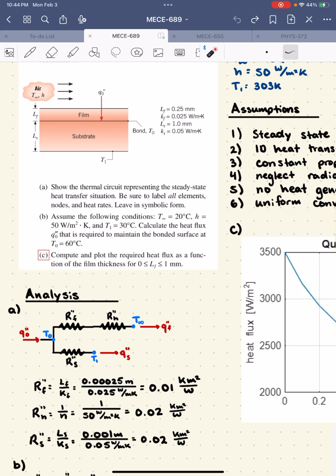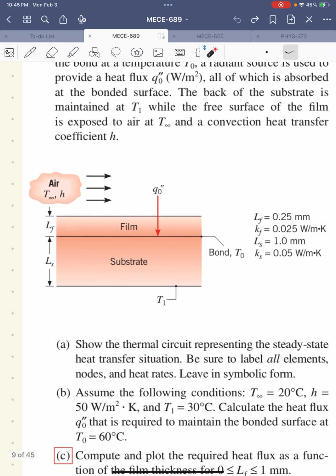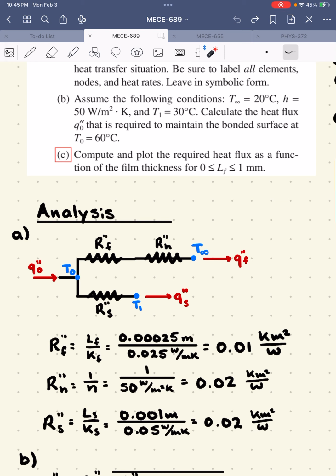So we have R double prime S, which is the resistance of the substrate, to get to T1, with a heat flow of Q double prime S. And then we have in series a conductive resistance through the film, and then a convective resistance from the air blowing across the top of it, and that's represented by this branch of the thermal circuit here.